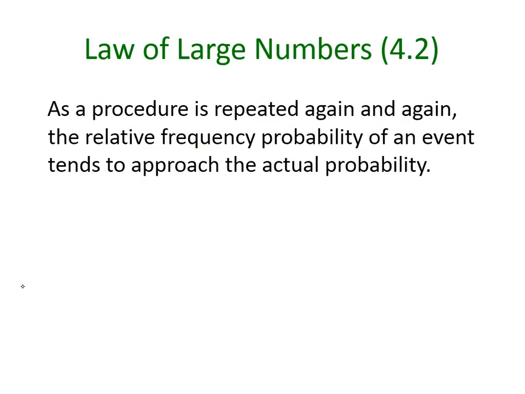Okay, the law of large numbers. As a procedure is repeated again and again, the relative frequency probability of an event tends to approach the actual probability. So, if you each flip a coin 10 times and count how many heads and how many tails, from your own personal 10 flips, you're going to have a wide range of results.